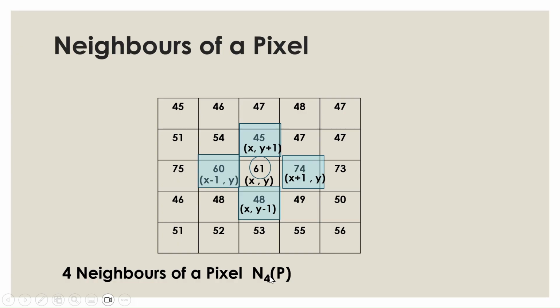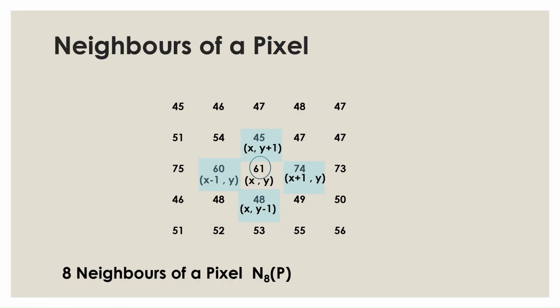Now let us consider the second case in which we have 8 neighbors of a pixel. So let us take the same pixel on the center. So we already know that these are the 4 neighbors of this pixel. Now we have to consider the diagonal neighbors also. The diagonal neighbors include 47, 49, 48 and 54.